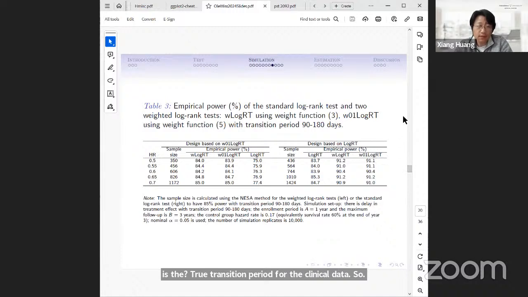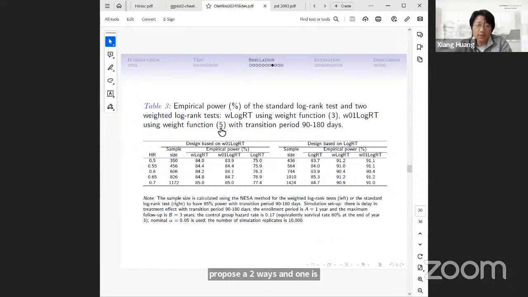Okay, so this one is the table of our graph actually. This table tells us if our method to calculate the sample size is accurate or not. Here, there are two ways to calculate, because we propose two ways: one is formula 3, one is formula 5.